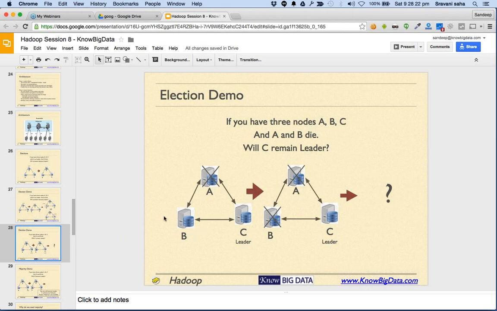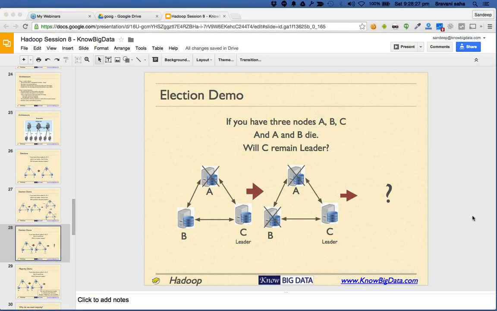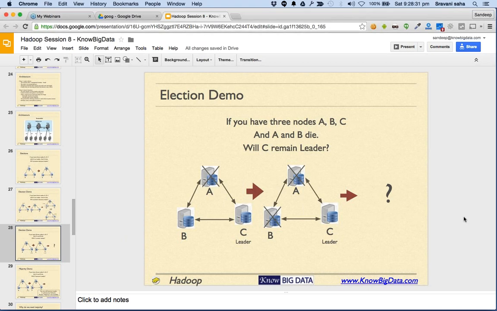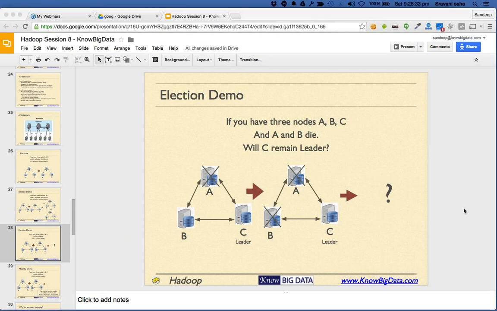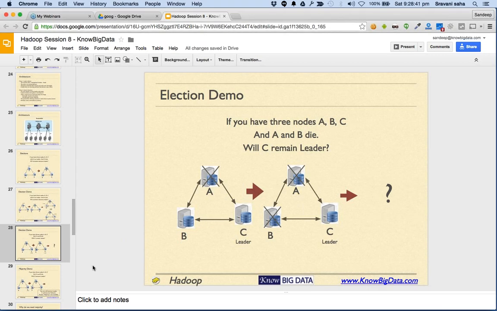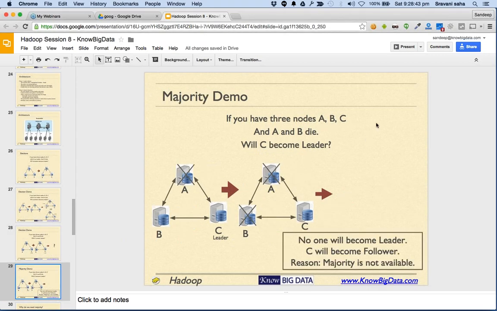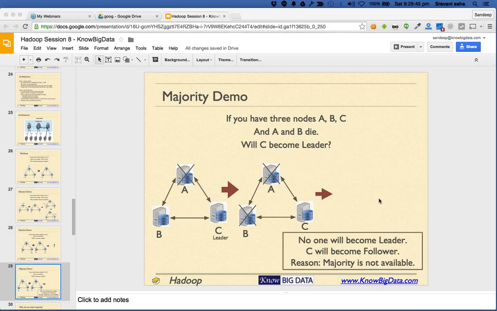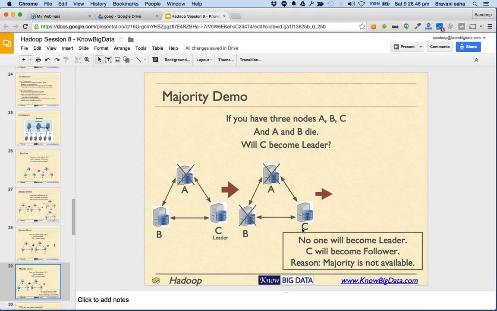If B is dead, what will happen now? Will C remain the leader, or will C step down? Anyone? No. In this case, C will step down and no one will be the leader. Why?